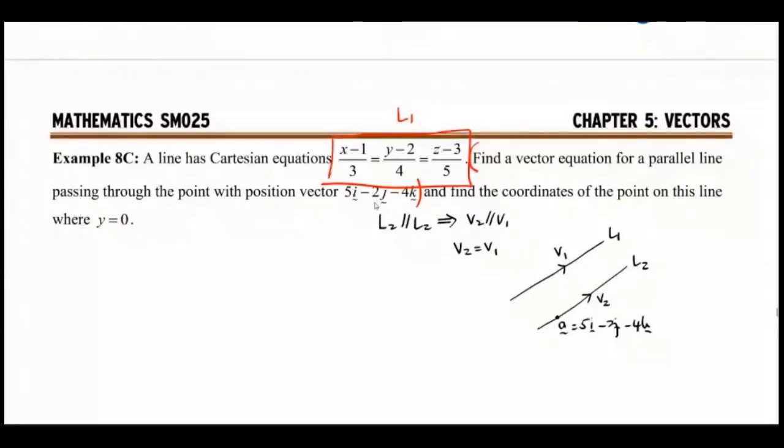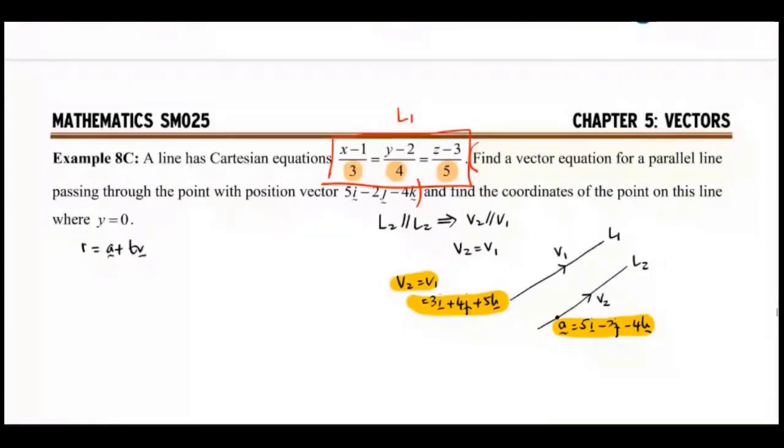Where do we get V1 from? We get it from the equation in the lower part. So this 3, 4, 5 is V1. So V2 equal to V1 is 3i plus 4j plus 5k. A is here, V is here, so directly we can get the equation of the line. It asks for the vector equation, so r equal to A plus tV.